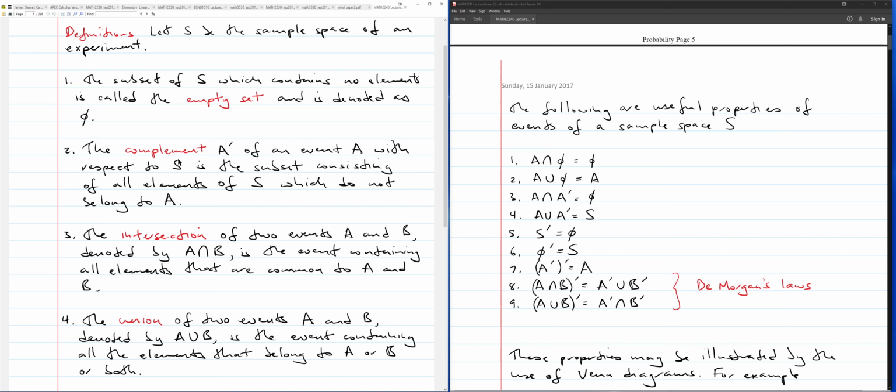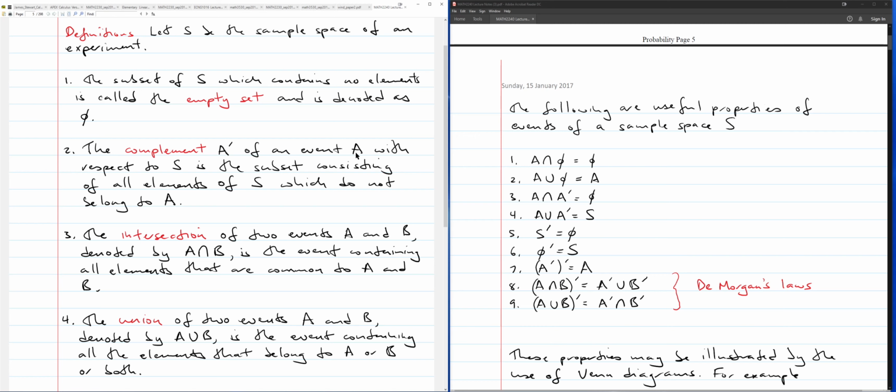When I'm proving these sorts of things, I'm assuming there's some large set S containing all the subsets that I'm interested in. So what is the complement of A?